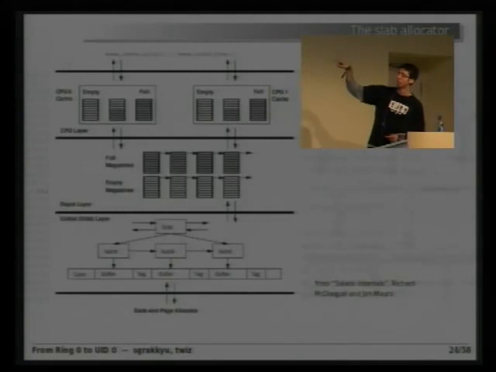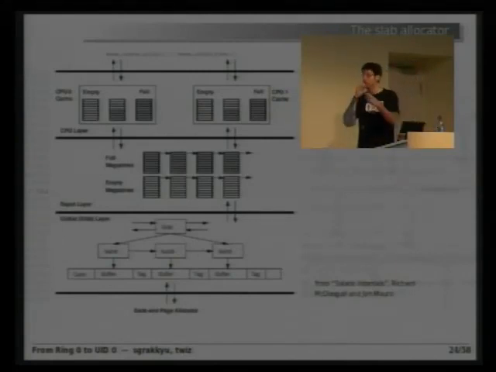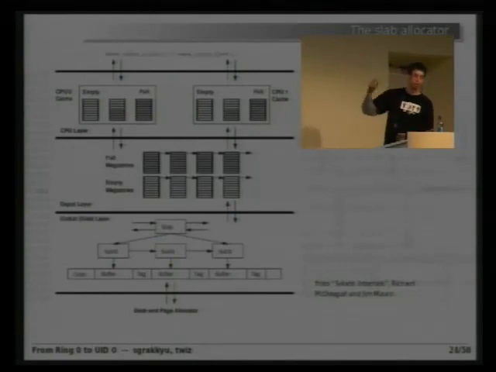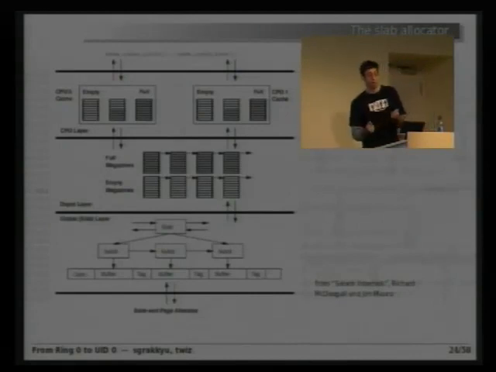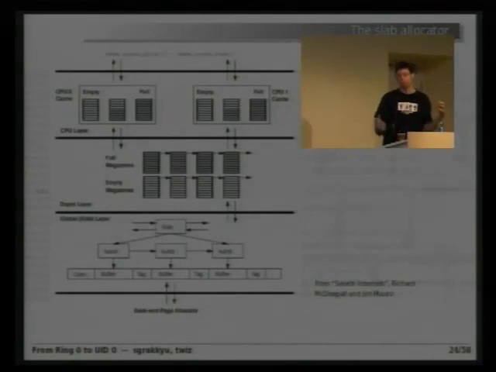Those rectangles that you see are called magazines. Magazines are an array of pointers. Each one of those magazines keeps one pointer to either a full object, which is an available object, like a blue one, or an empty slot, which is a white one. You can release an object inside an empty slot, or you can take an object from a full one, a blue one.